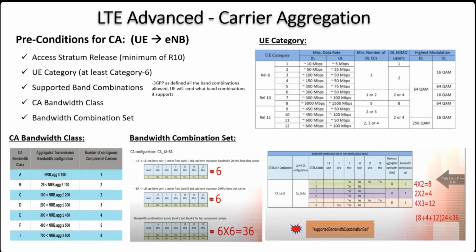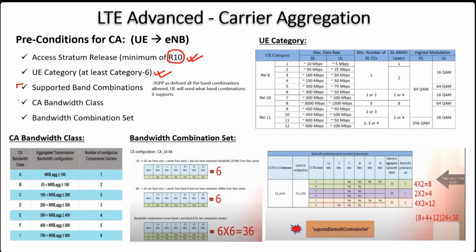So for the UE to do CA, what is the first thing? Your access stratum release should be a minimum of a certain release, correct? Second criterion, as you said, it should at least support the UE category. Yes, correct.